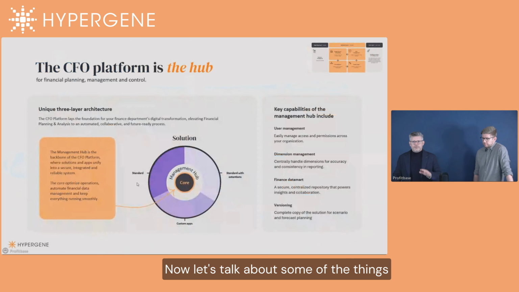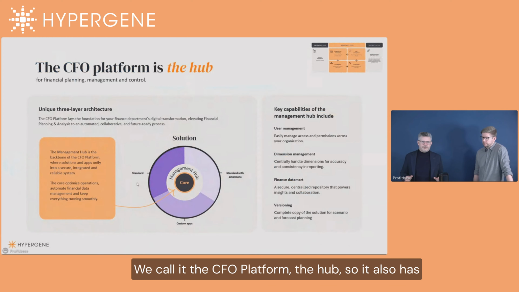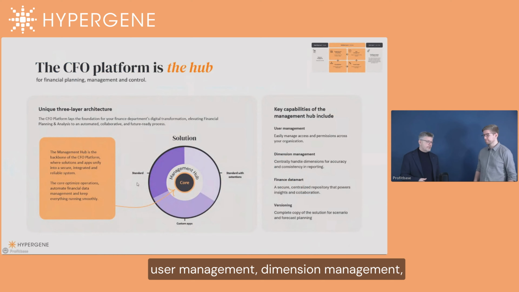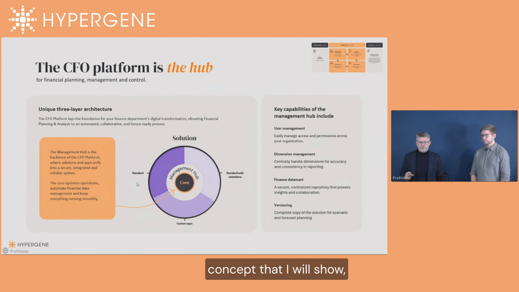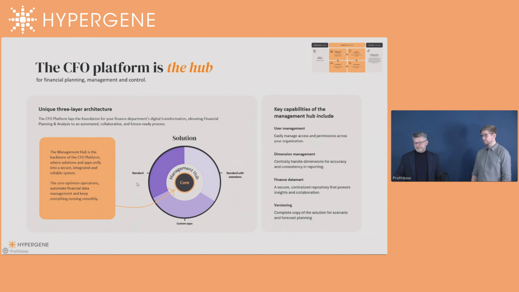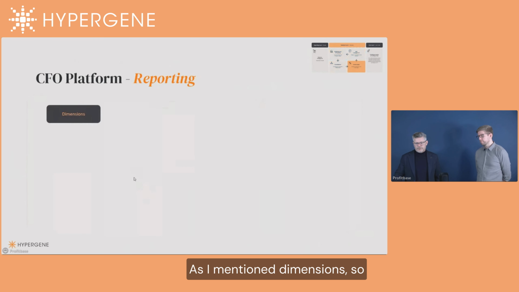Now I'm going to talk about some of the things that are common across our solutions. We call it the CFO hub. It has user management, dimension management, financial data mart, and versioning. Versioning is a very important concept that I'm going to show we use for multiple purposes. As I mentioned here, dimensions.